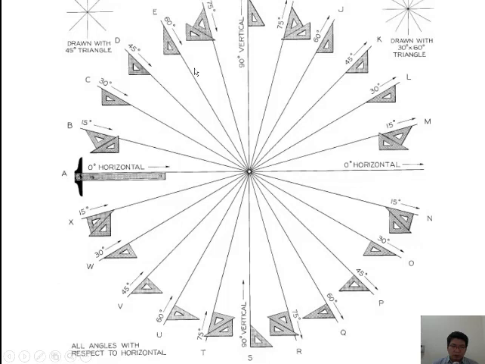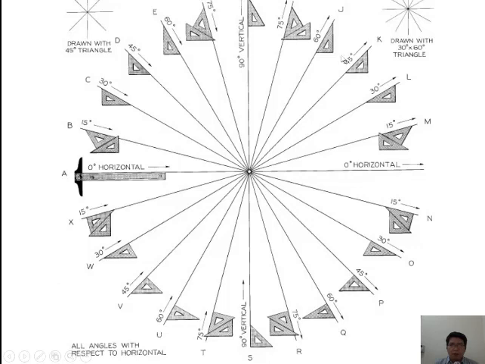In this slide, I show you how to generate different kinds of angles using just two triangle rulers. Triangle rulers, in Vietnamese, are called eke. You can use both of them to make many different angles.